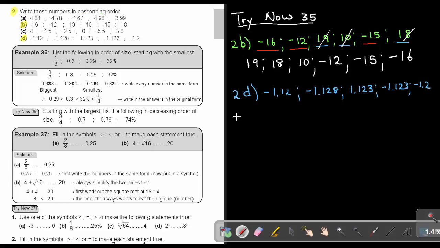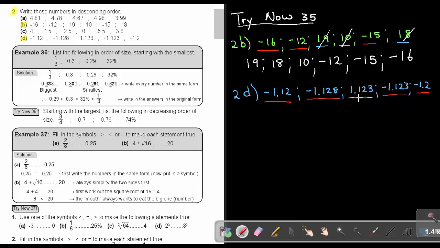Okay, let's use a 12, just to make sure, and it's still descending order. The best is first to highlight your positive and your negative. This is positive. This is the only one that's positive, yes. This is negative, negative, negative, negative.